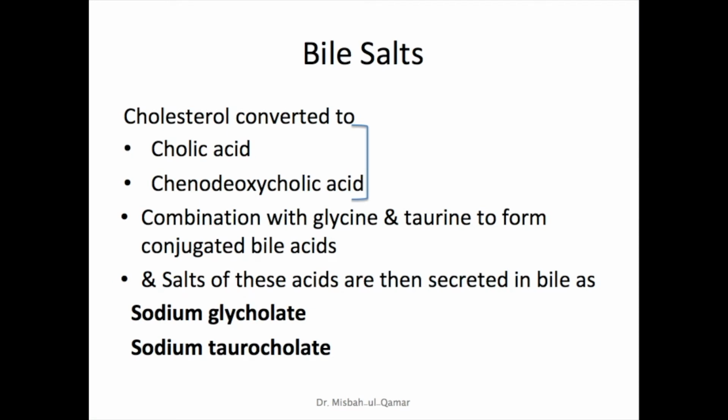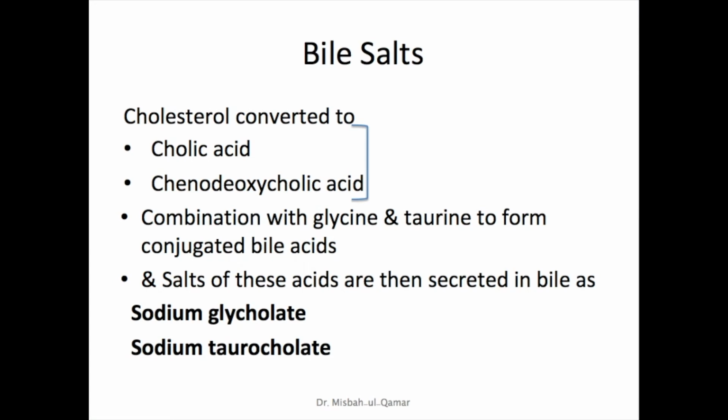As you can see in this slide, for the formation of bile salts, cholesterol is first converted into bile acids like cholic acid and chenodeoxycholic acid in about equal quantities.